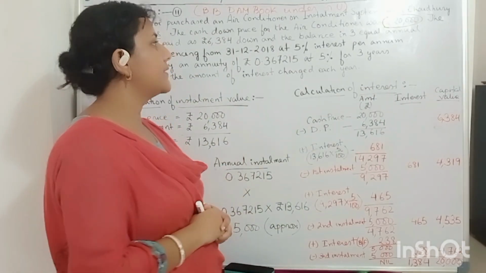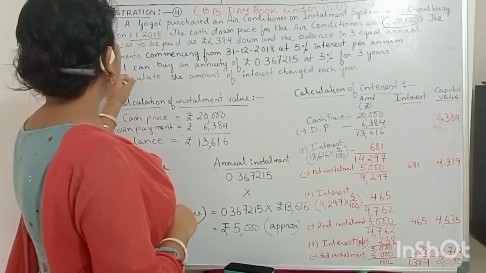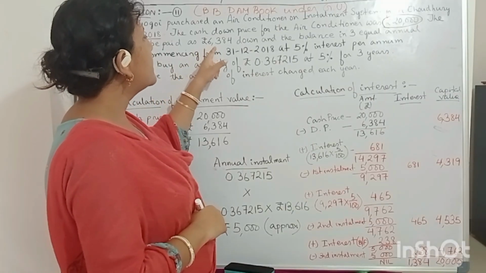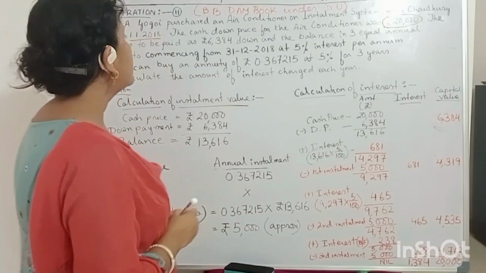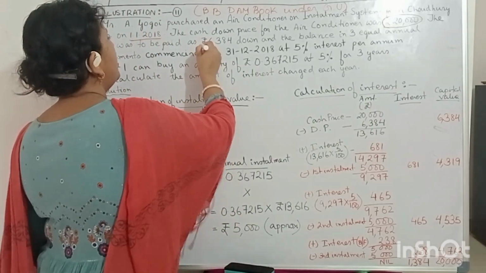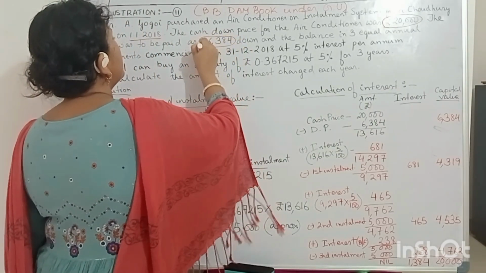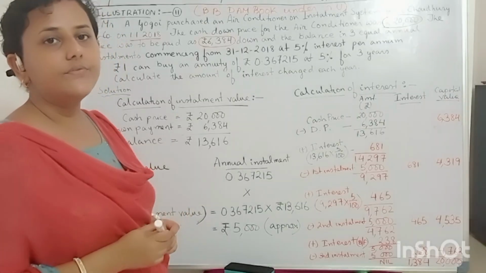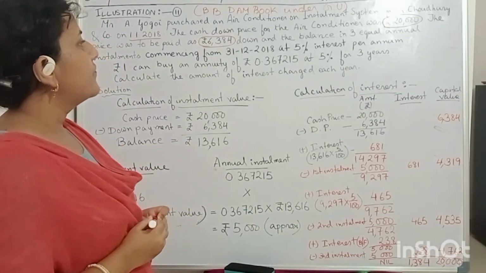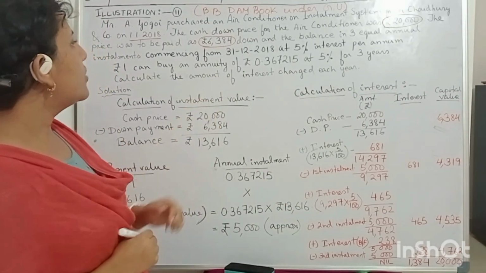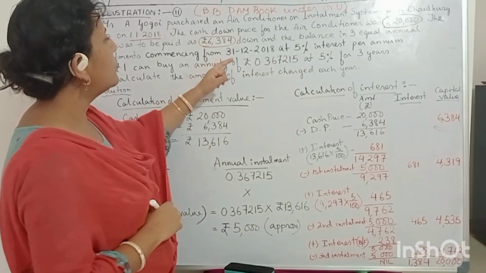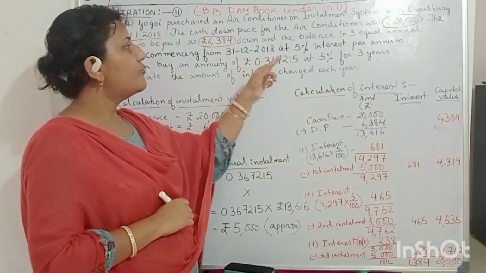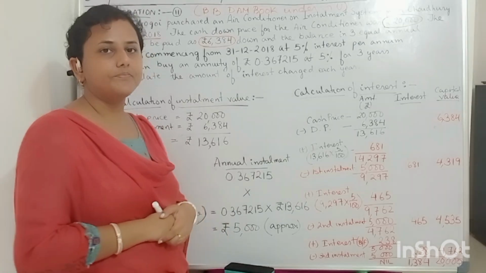The price was to be paid ₹6,384 down. So what is the amount of down payment? ₹6,384. And the balance in 3 equal annual installments commencing from 31st/12/2018 at 5% interest per annum.